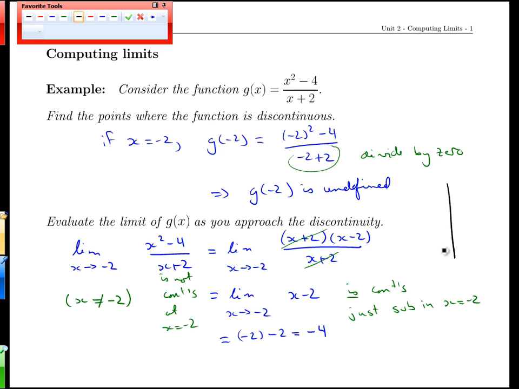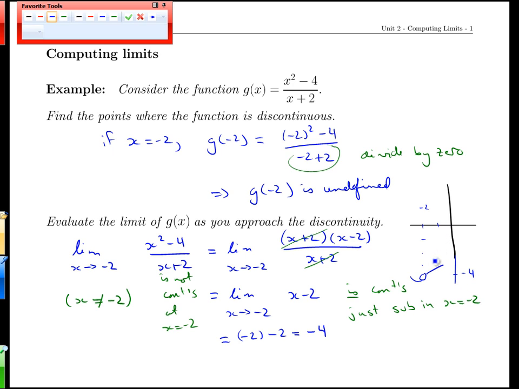So what do we think this looks like now? Without knowing too much about the function, when we go to negative 2, there's going to be an open hole there, and the graph is going to do something around it, but it's going to be at a height of negative 4.